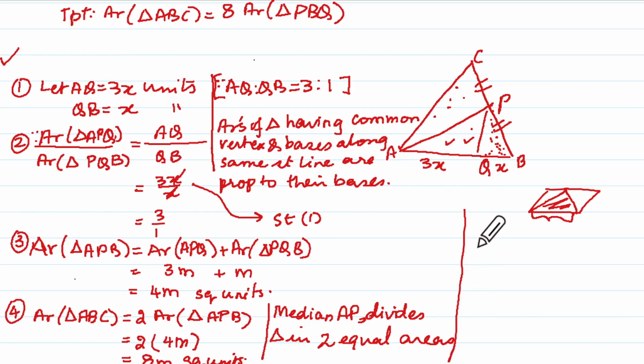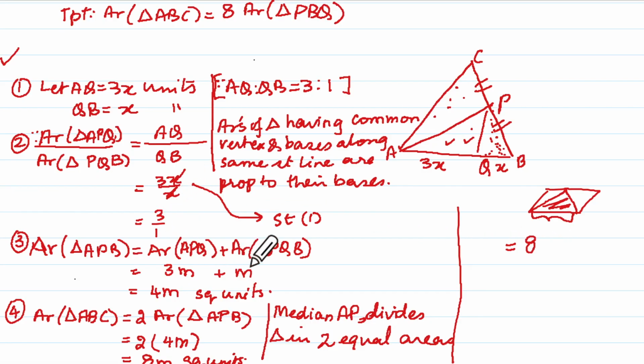Yes, ma'am. Then statement number 5, they are telling you area of triangle equal to. So I'm writing, no, not statement number 5, sorry. Okay, now equal to below equal to I will write. Now it is 8m.